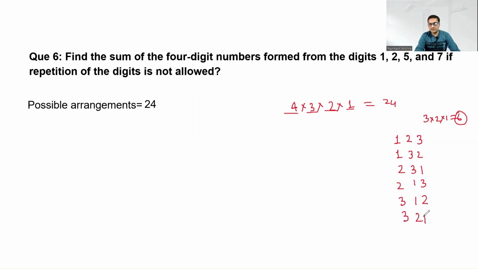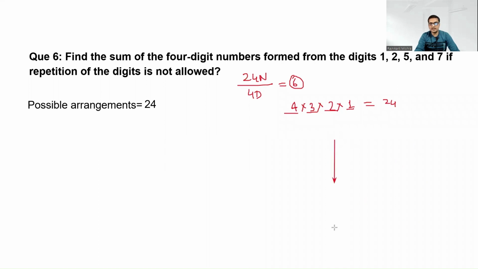Now see, at unit place, 3, 2 and 1 are repeated equal number of times. Similarly, at tens place, equal number of times, and similarly at hundreds place, equal number of times, which is equal to 2. Or we can say 6 numbers by 3 digits is equal to repetition cycle of 2 at each place. So in this case, the repetition cycle is equal to 24 numbers by 4 digits, which is 6.